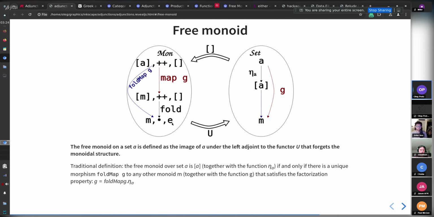And on the right we have Set. So every monoid has a set that it is built from, right? The set or type of elements that you combine. But not every set is a monoid, right? So you don't see A in here.